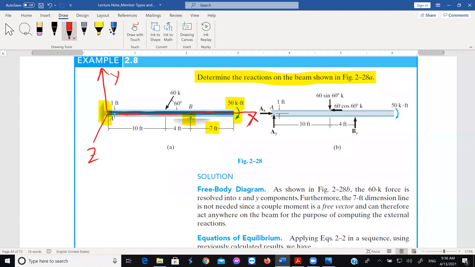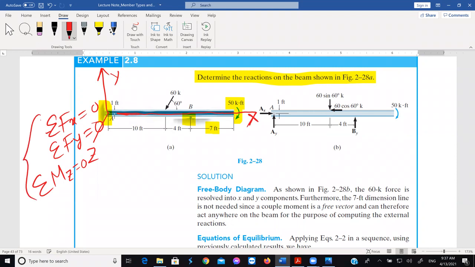So we can just write three equilibrium equations here. One is summation of horizontal forces in x direction is equal to 0. Then summation of vertical forces in y direction is equal to 0. And then summation of moments about z axis will be equal to 0. A lot of students I have seen are confused about the axis of moment.